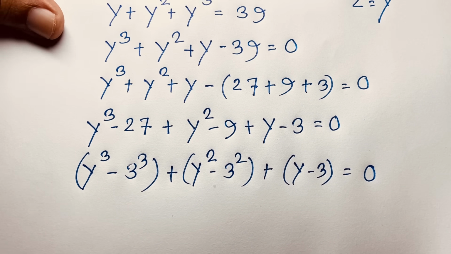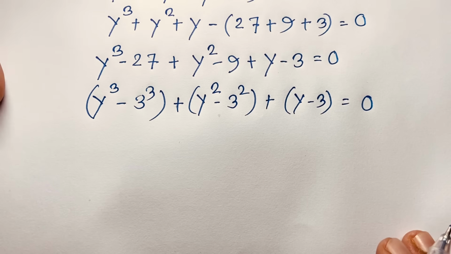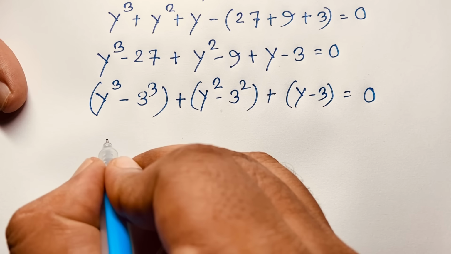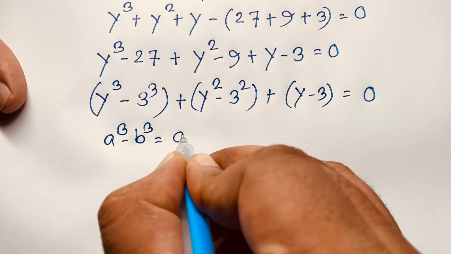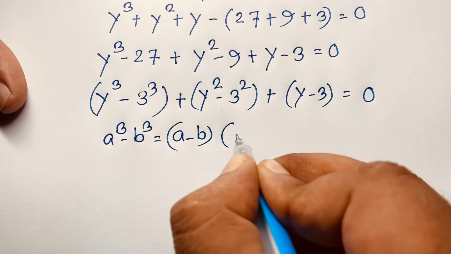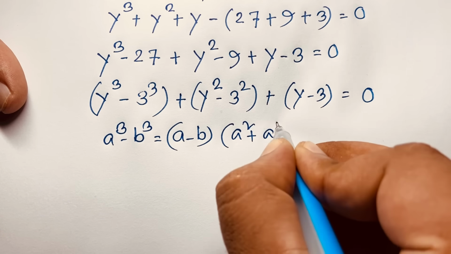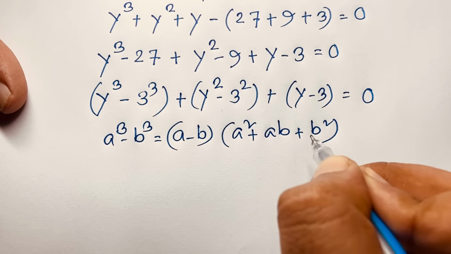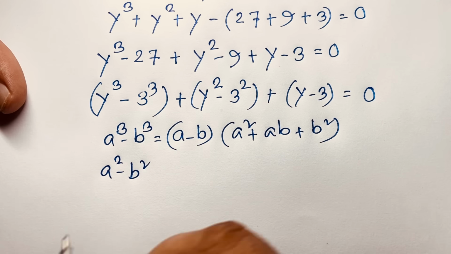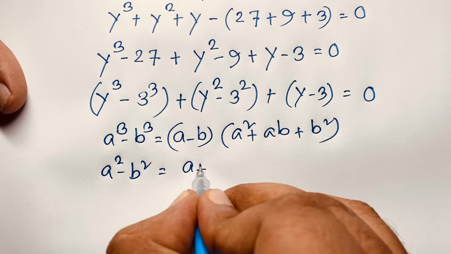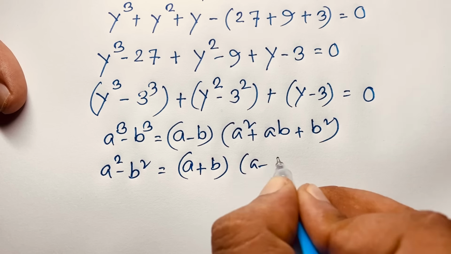Now we know the a cube minus b cube formula: a cube minus b cube is (a minus b) times (a square plus ab plus b square). And we know the other formula: a square minus b square is (a plus b) times (a minus b).